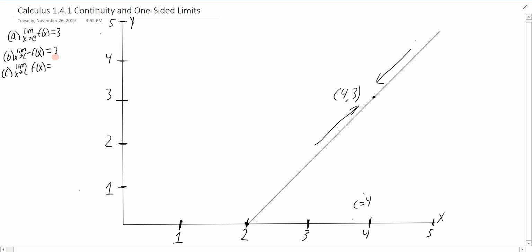And so because it is, we can say that this is simply 3. So this is really just using our past knowledge. We could have done this in the last two sections. Actually, if you look at the function here, if we look at x is 4, from the right here, and from the left, in both instances, we're going to 3. So that's why we can easily evaluate that limit.